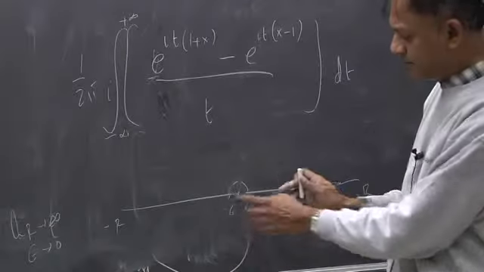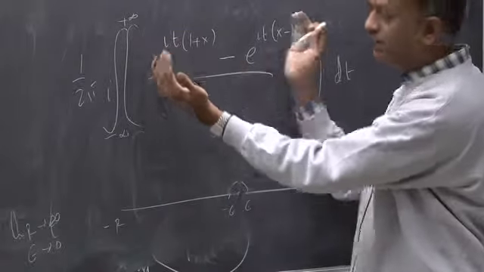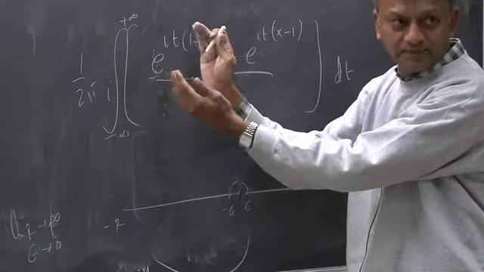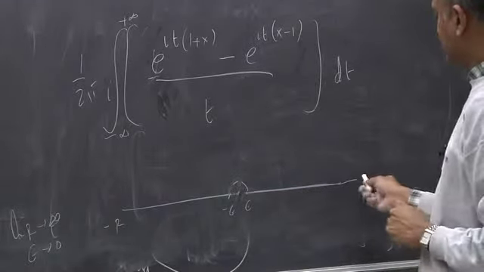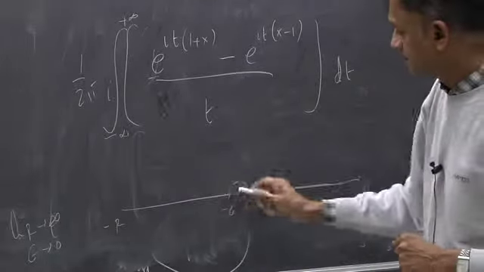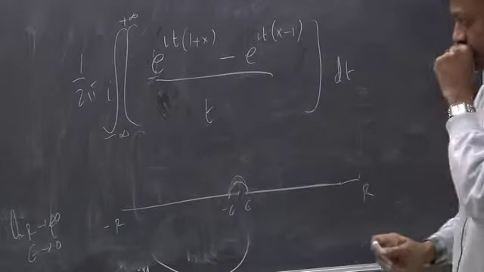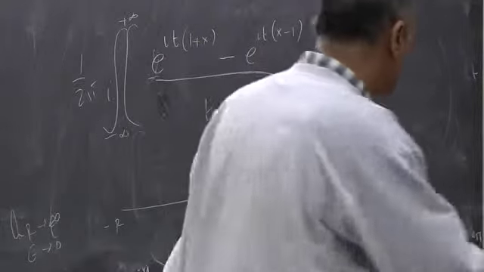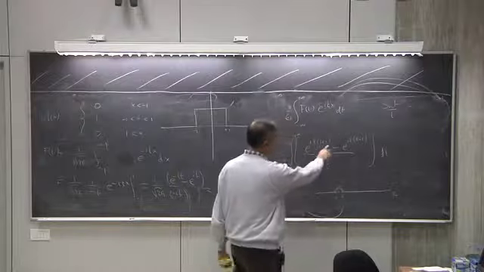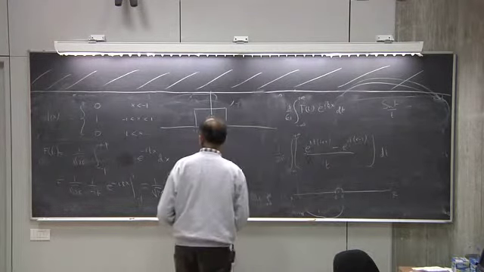This was not needed actually if we had kept the whole thing together, but we wanted to manipulate separately. So we did this, and then we chose the contour like this, and like that, a small semicircle here. Okay, so let's do that and see. But now, together with this x, before in the previous calculation there was no x. Now I have to keep track of x.